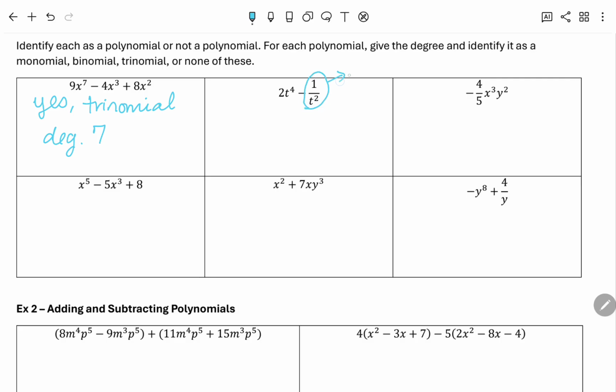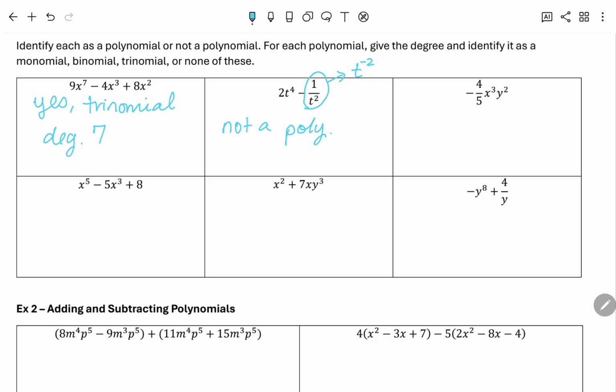This can be rewritten as t to the negative 2. And negative 2 is not a whole number. So this does not fit the definition of a polynomial. We're going to say not a poly. The reason is because that exponent, it's an integer, but it's not a whole number.